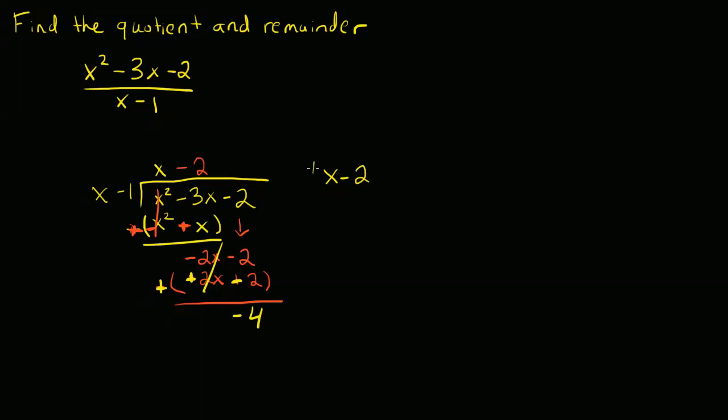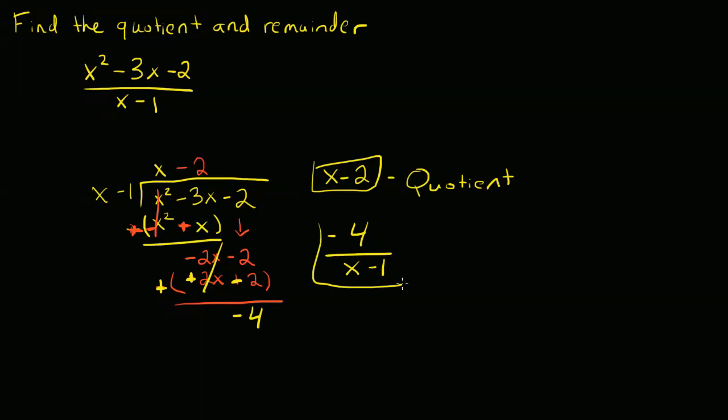That's the quotient. And the remainder is negative 4 divided by x minus 1. Okay, this is the remainder. Don't forget, the remainder still has the x minus 1 underneath of it.